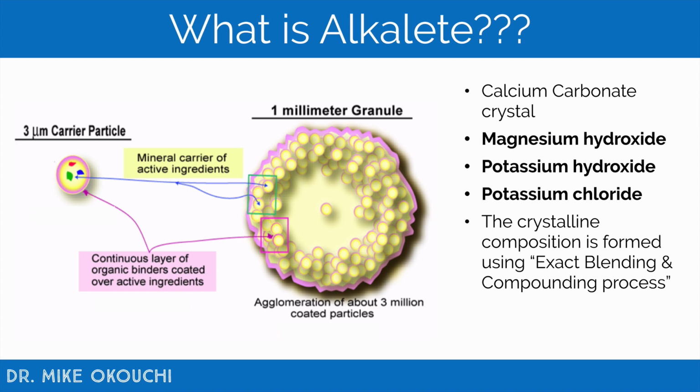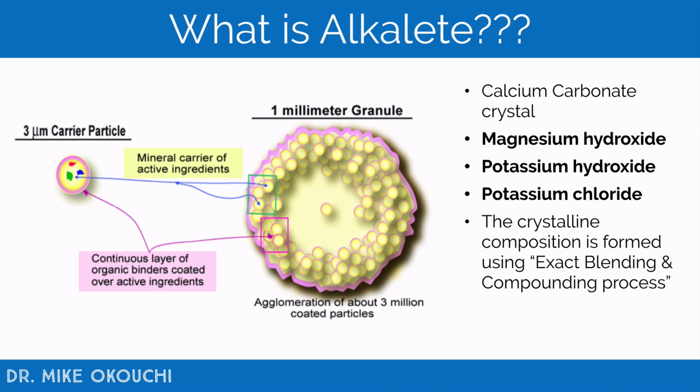So when we look at these components, the calcium carbonate crystal, magnesium hydroxide, and potassium chloride, they use a process with a specialized machine. They use a crystallization process called the EBC, the exact blending and compounding process, and there are many patents surrounding that.